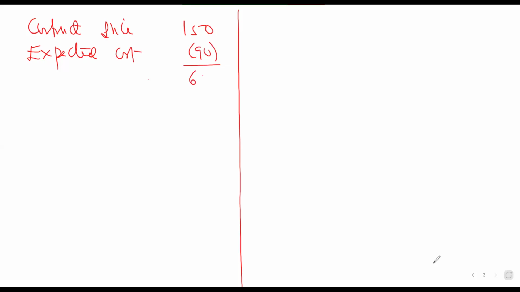So we are having a profit of 60. For you to recognize all the 60 as profit, it means that you have to complete all the work at a cost of 90. So we can directly say that 90 is equal to 60. You have to incur a cost of 90 to get a profit of 60.